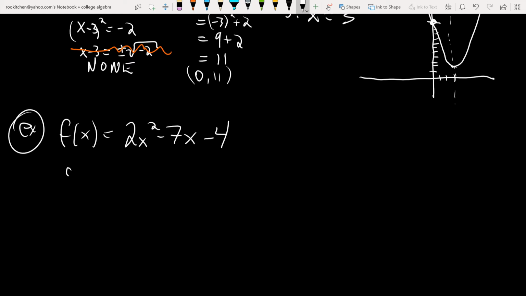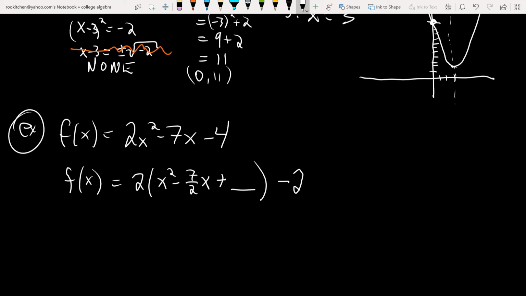So what do you have to do? You have to complete the square. So f of x equals, first off, I have to factor out a 2 from here, so 2 times (x squared minus 7 halves x, and then I'm going to be adding something in). But if I add something in, I have to immediately subtract it, and I'm going to be multiplying it by 2 as I subtract, then minus 4.